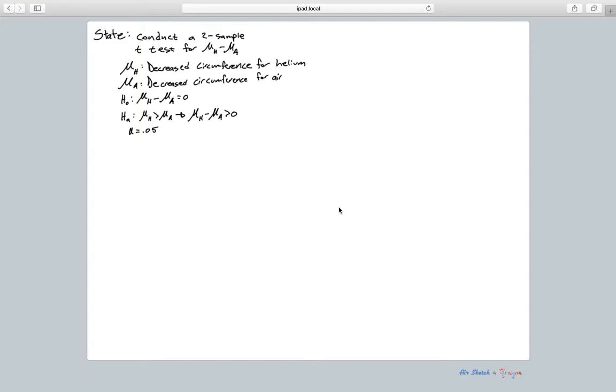All right, so now let's plan. We'll start with random. Say randomly designed experiment in this case.